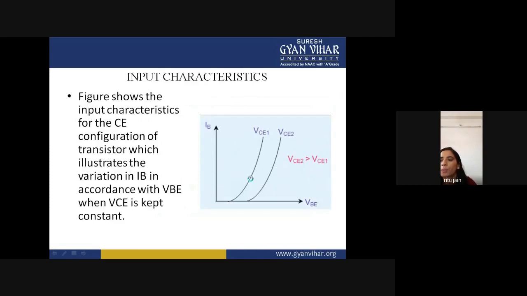So your VCE is constant, and IB varies with VBE. This is your input current, this is your input voltage, and this is your output voltage, which is constant. So this is the input characteristic for common emitter configuration of a transistor.